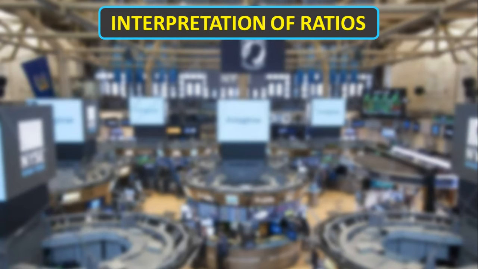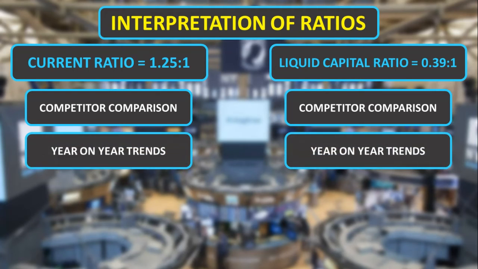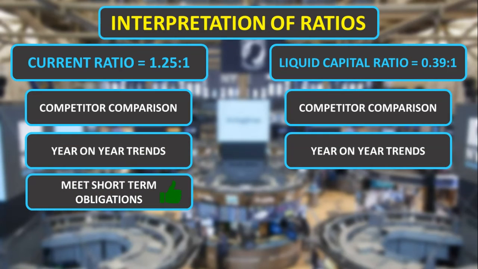So, now we've calculated the current ratio and liquid capital ratio, let's interpret what these mean. The first thing you can do is use it to make comparisons to competitors within the industry, and also investigate liquidity trends from within the business year on year. The current ratio for business Z is 1.25 to 1, which shows that the business can meet any short-term financial obligations.